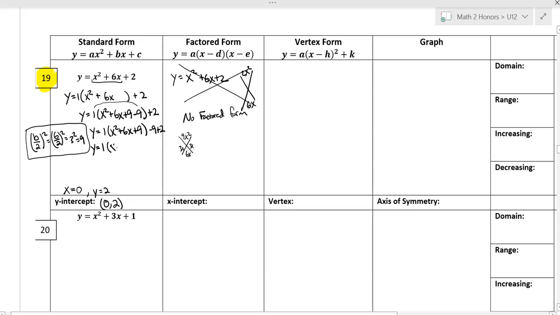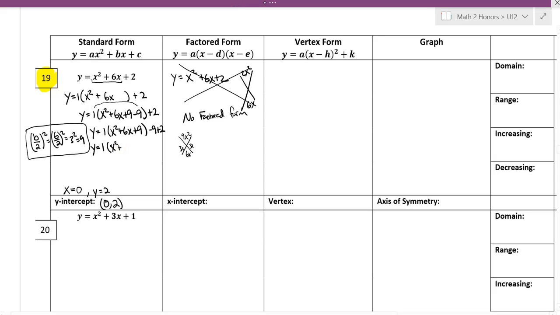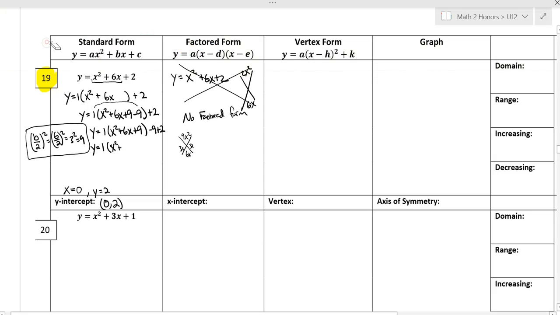Well, let me do the factoring on the side, and I'll pull it over. This might get a little too long and messy.